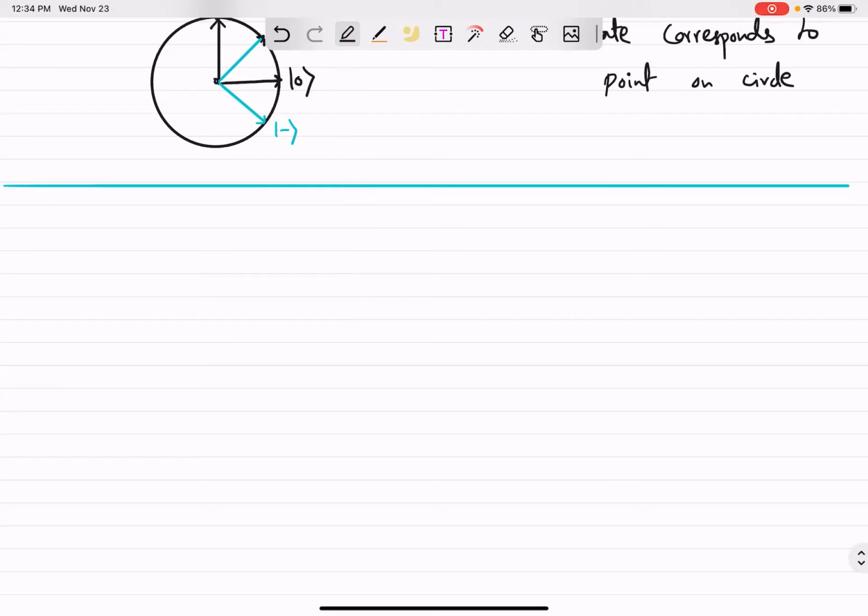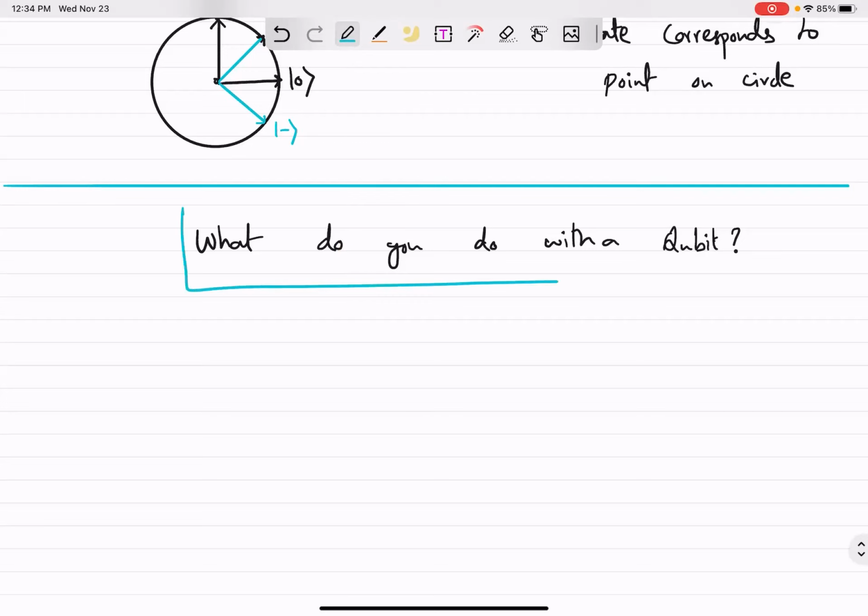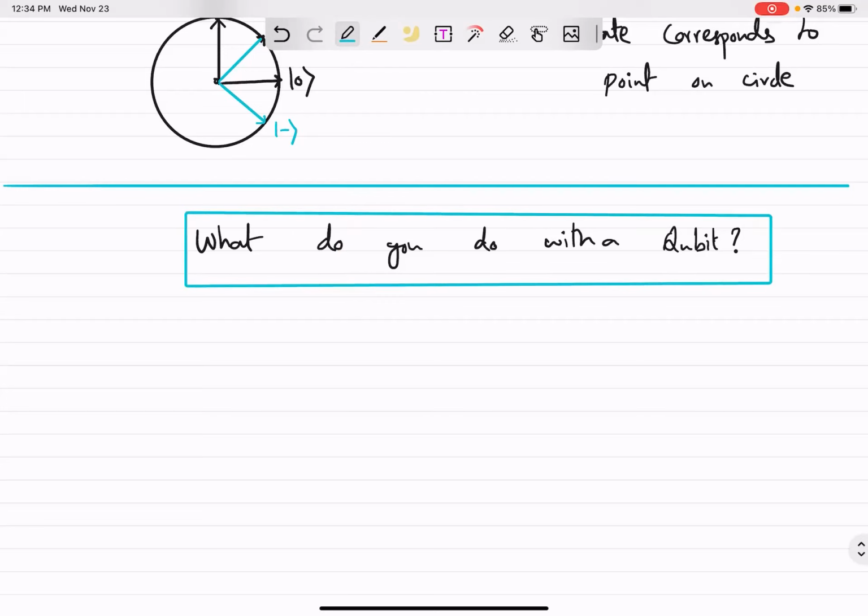We formally define what a qubit is, but the question is, what do you do with a qubit, right? And the answer to that is really what distinguishes quantum mechanics from the usual laws of physics, Newtonian laws of physics, and the quantum computer.